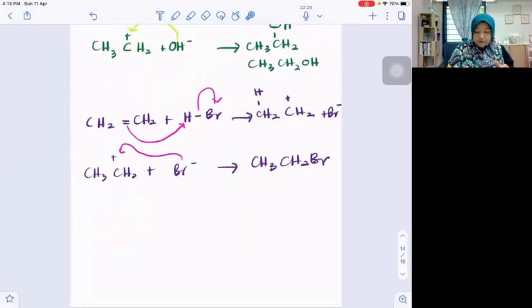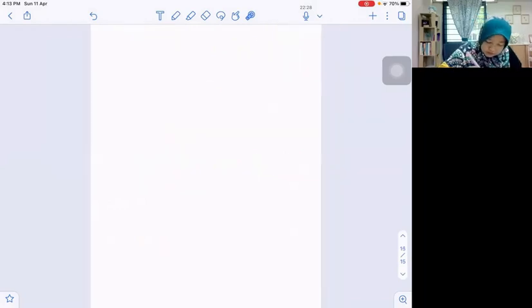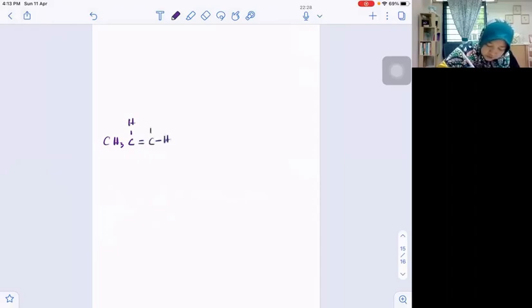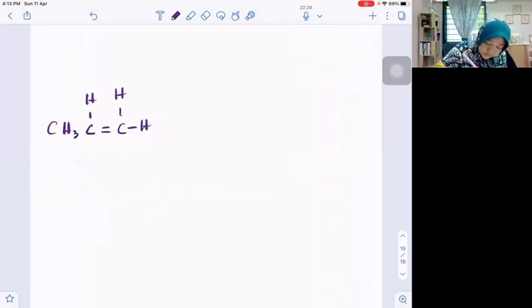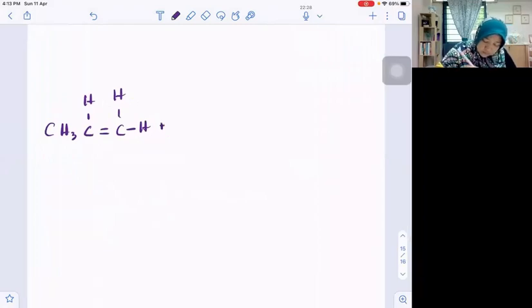Let's say we have an unsymmetrical alkene, CH3, CH double bond CH2, which is then reacted with HBr.